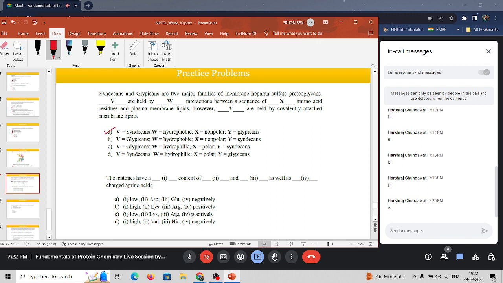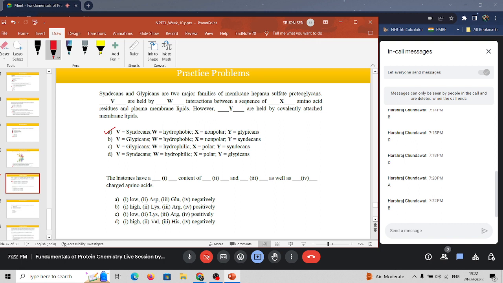Okay, the next one. Histones have a dash content of dash and dash as well as dash charged amino acids. Let us see. So low or high, aspartic acid or lysine or valine, glutamic acid, arginine or histidine, and positively or negatively charged.